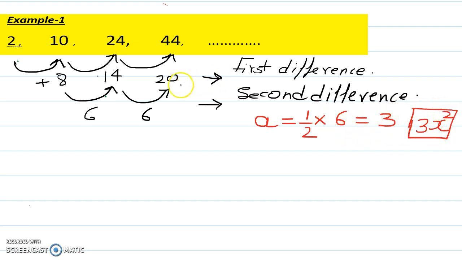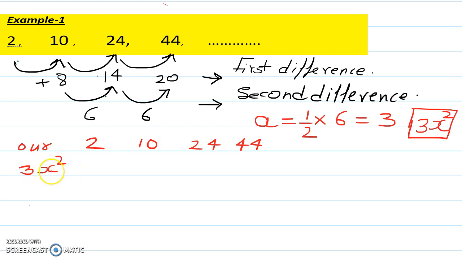Now, the second thing is to write down our sequence: 2, 10, 24 and 44. Below it we write 3x² and replace x with 1, 2, 3.